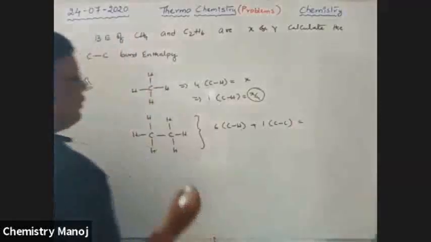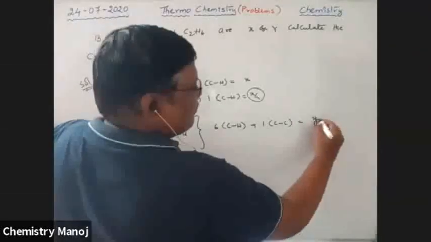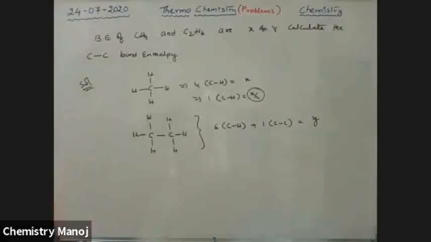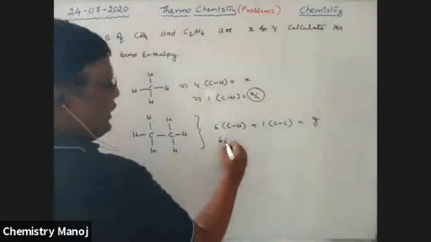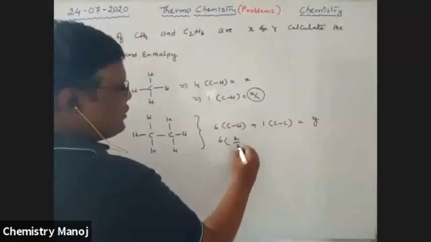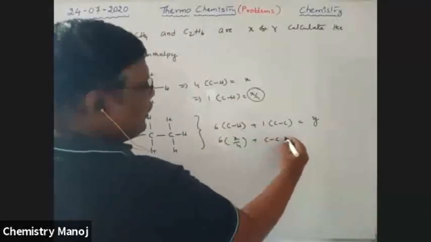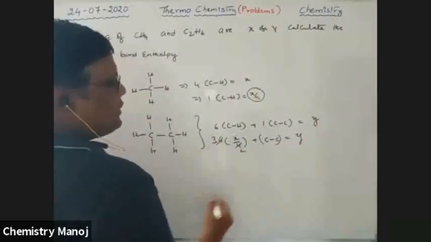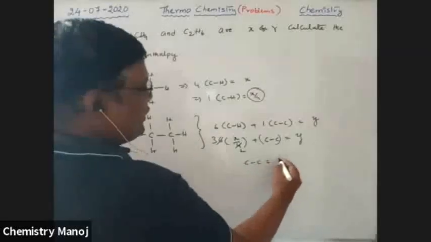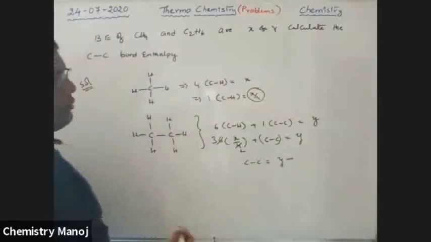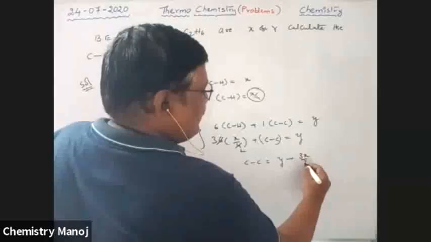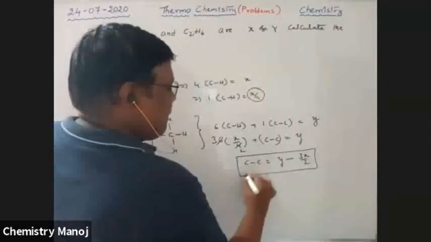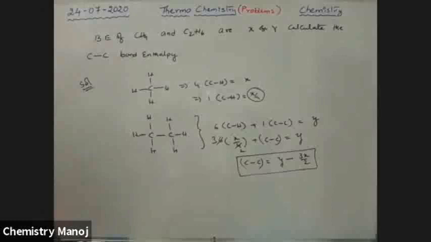The total value is equal to Y. So 6 into the CH bond enthalpy, which is X by 4, plus the CC bond enthalpy is equal to Y. Therefore, CC bond enthalpy is equal to Y minus 3X by 2.